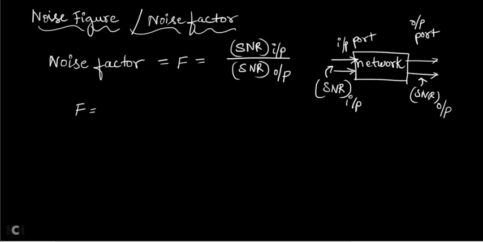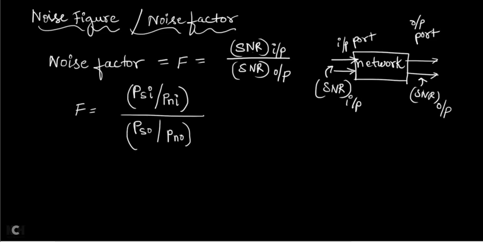Now what is the expression for SNR at the input? Signal to noise ratio is the ratio of signal power to noise power. Because it is at the input, it is signal power at the input divided by noise power at the input. So SNR input is given by PSI divided by PNI. Similarly, SNR output is signal power at the output divided by noise power at the output, PSO divided by PNO. SNR can be calculated at any point in the network.